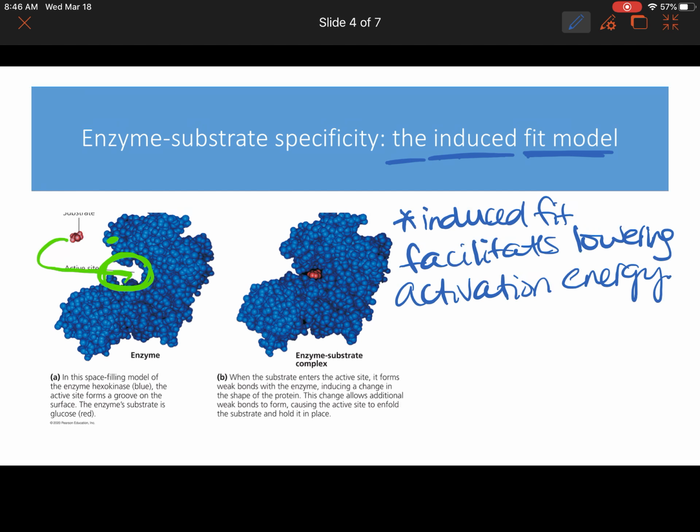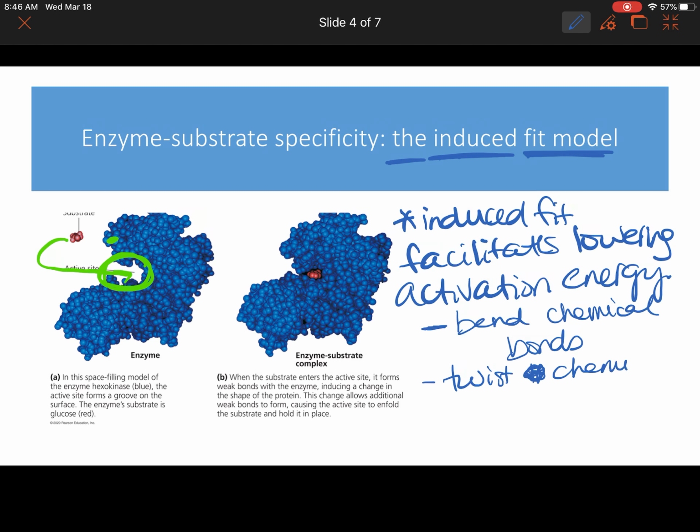When the enzyme induces its fit around the substrate, it is going to either bend chemical bonds or twist them or otherwise stress them in some way.